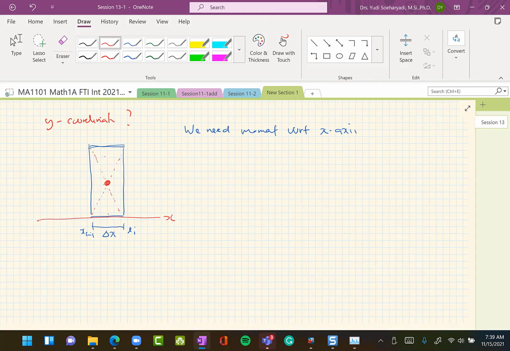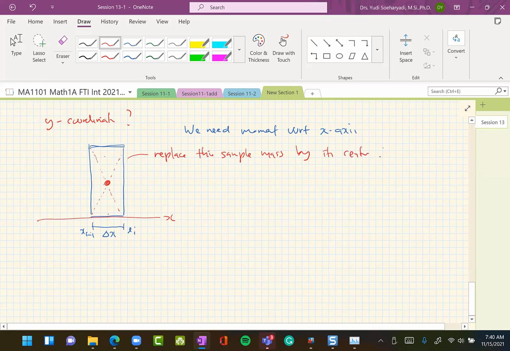So we replace this sample mass by its mass at the center. That's exactly in the middle. So what's this coordinate?